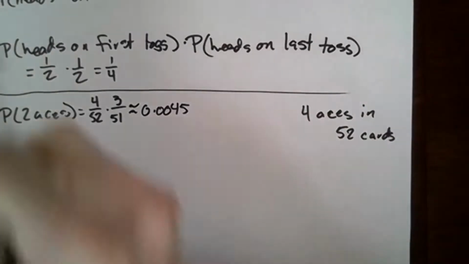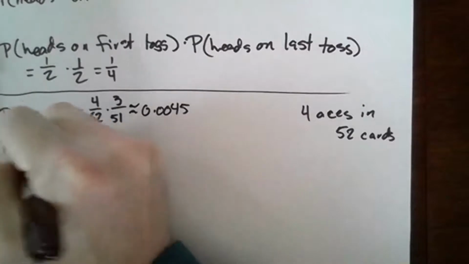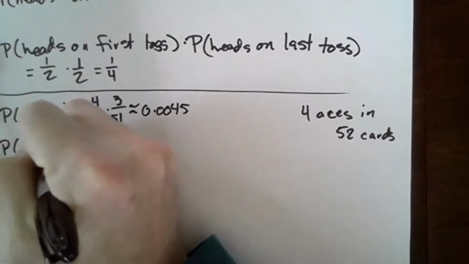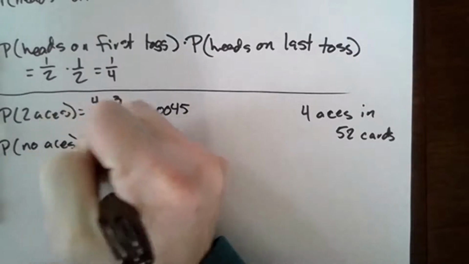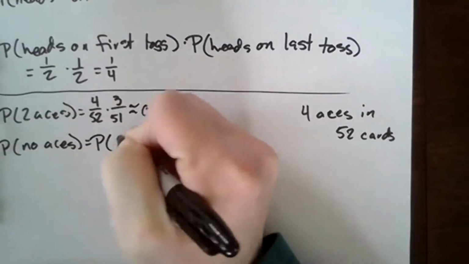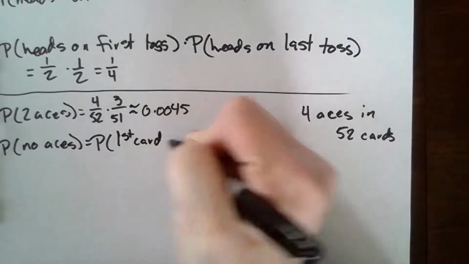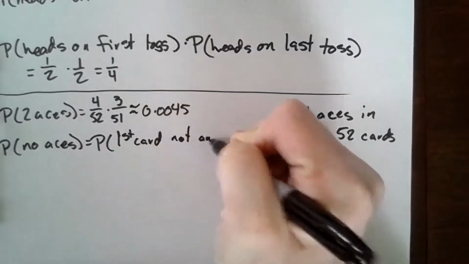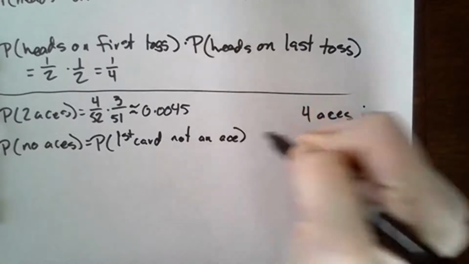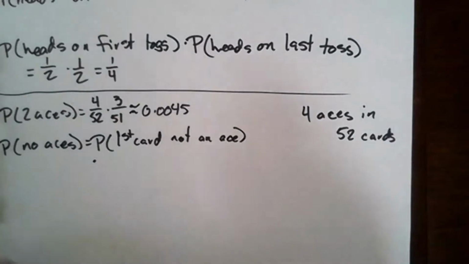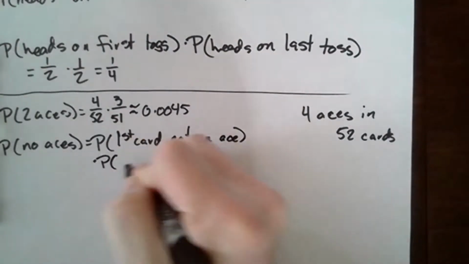And then we're going to multiply this probability that the first card is not an ace by the probability that the second card is not an ace.